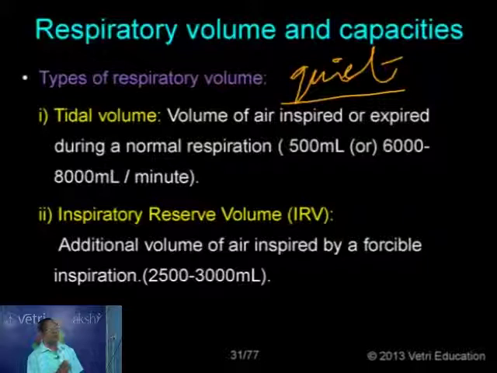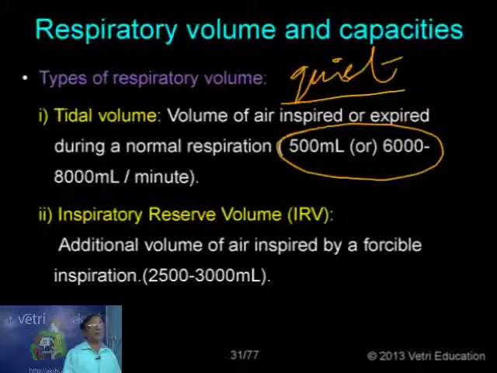During each inspiration, a person takes in 500 ml of air in one breath. Suppose we calculate for a minute, with 12 to 16 breaths: you multiply 500 by 12 and 16, so the range per minute is 6,000 to 8,000 ml. That is the volume of air inspired or expired during normal respiration.